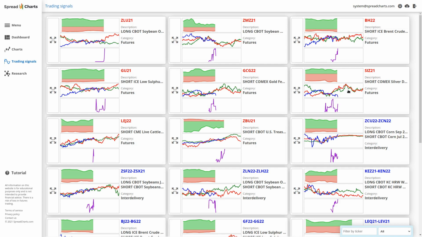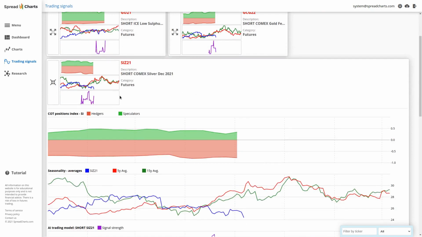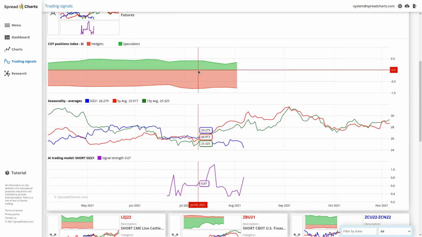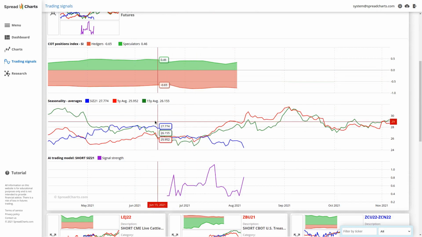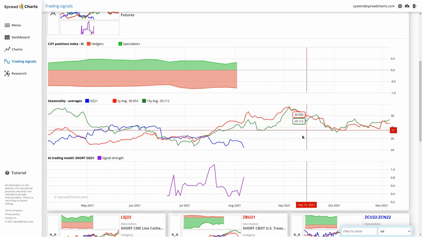And for detailed analysis, it's better to expand the tile into a full-fledged chart that is also interactive, like you are used to in the rest of the charts on spread charts. So you can hide individual time series, use the crosshair, and other features.